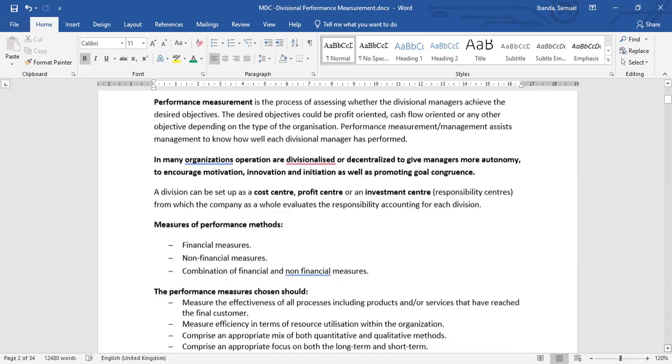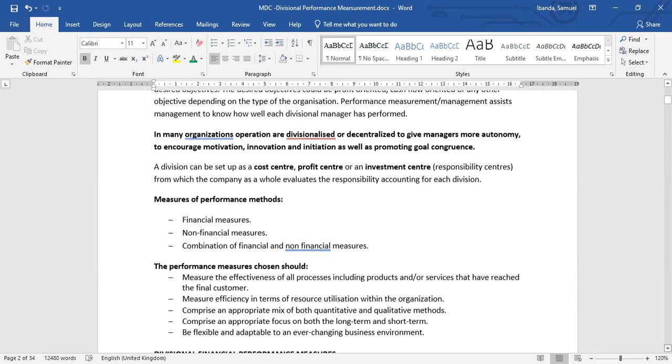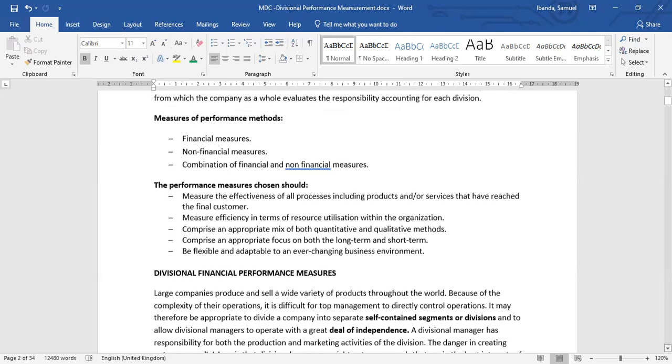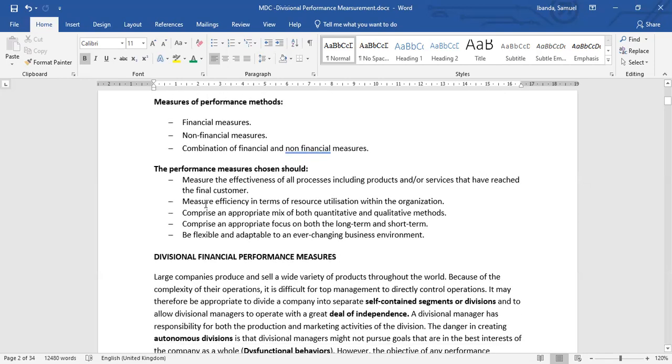And then we have the measures of performance methods. Like we said, we should basically look at the financial and non-financial, and then get a combination of the two, okay? So for the performance measures to be chosen, we have some key principles. One, they should measure the effectiveness of all processes, including products and services that have reached the final customer, okay?